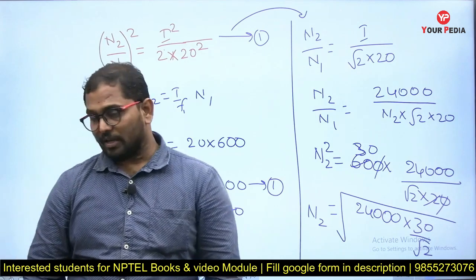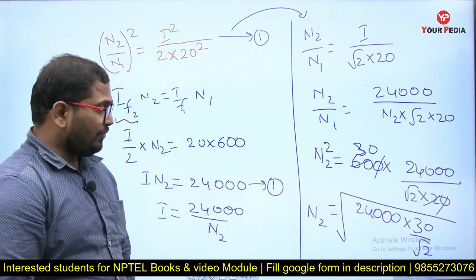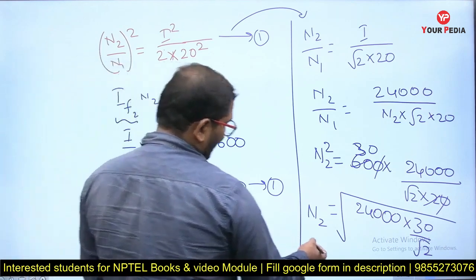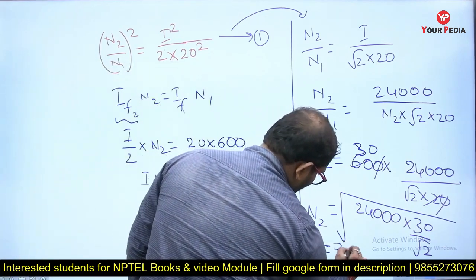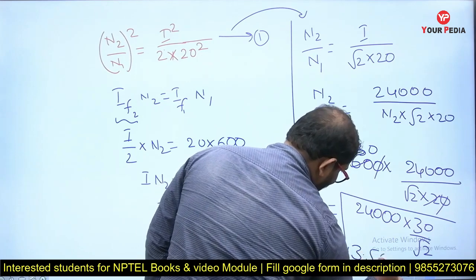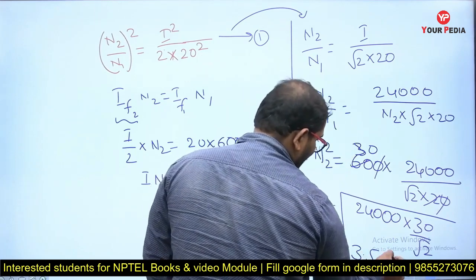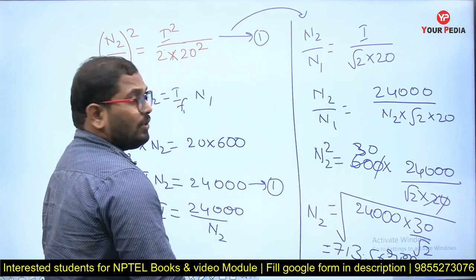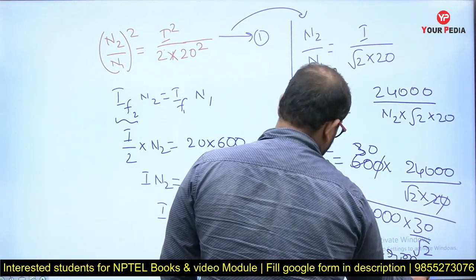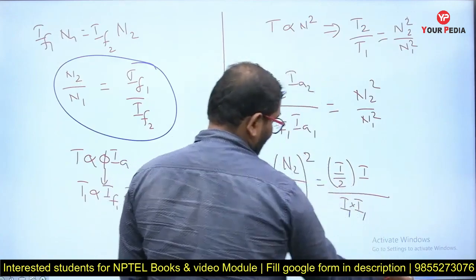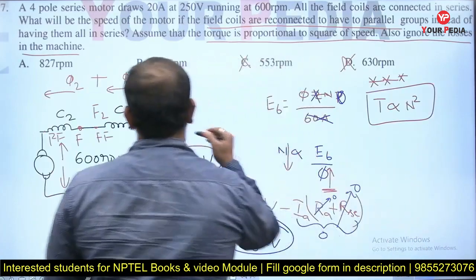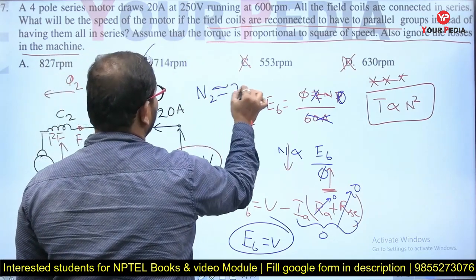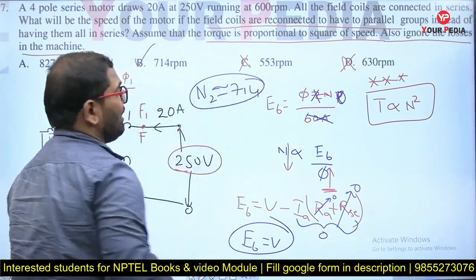If we calculate this value, we'll get the speed as almost 713.56, some decimal value in rpm. So is the speed in decimals? No. Yes or not? So what is the answer for this one? It is 714. That is the next value. 714 is the next value.